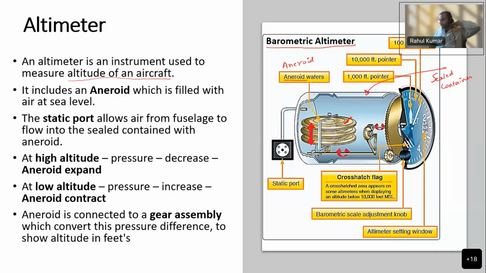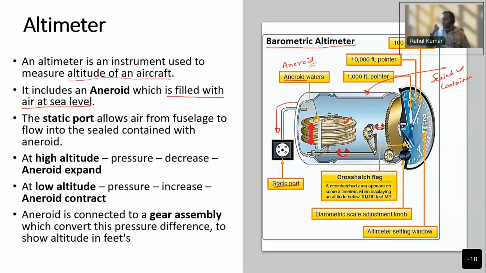Now the aneroid is filled with air at sea level. A portion of the air from the fuselage of the aircraft is allowed to flow into this sealed container, right? So this sealed container is connected to a static port.